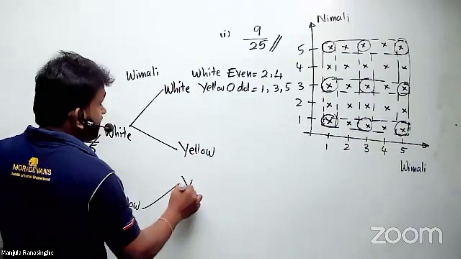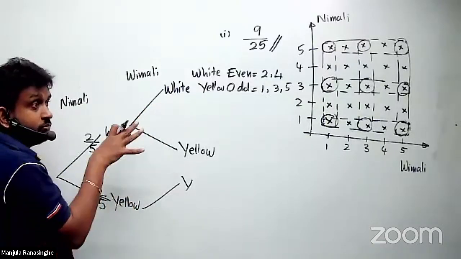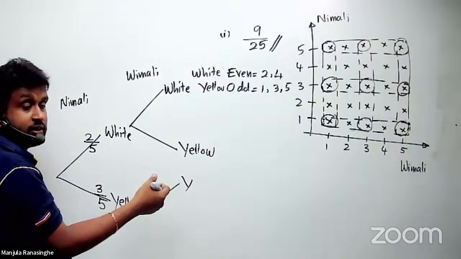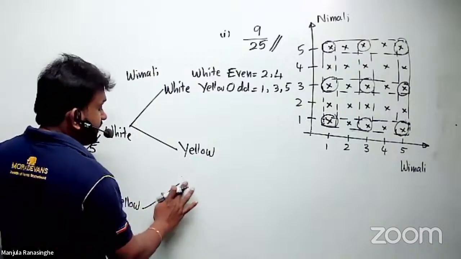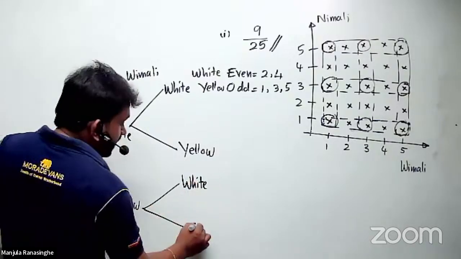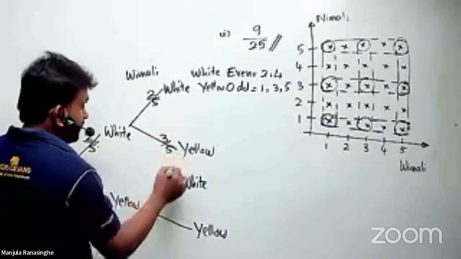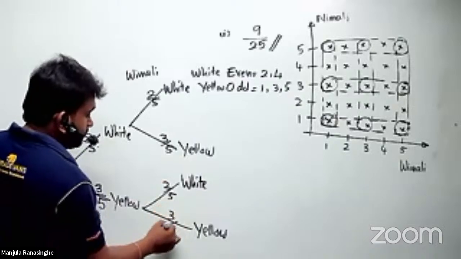In some tree diagrams the probability does not stay the same, and then we are discussing dependent events. Here it is not the case, because these are independent events. White and yellow have the same probability, 2/5 white and 3/5 yellow.